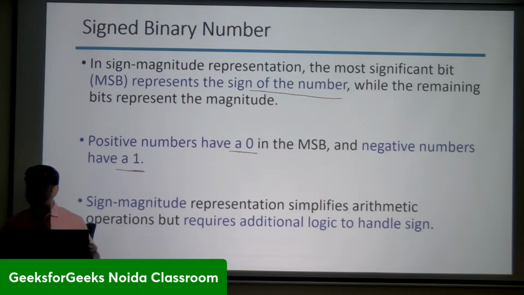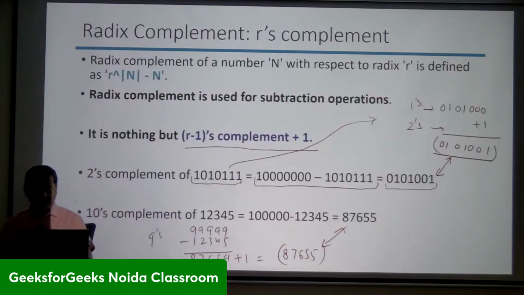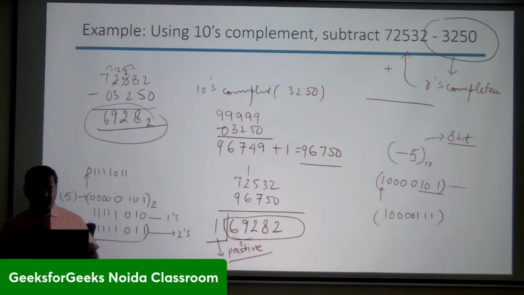We have just seen the example, -5 and +5. Okay, in both the cases you can see for +5 you have MSB as 0 and for -5 your MSB is 1.